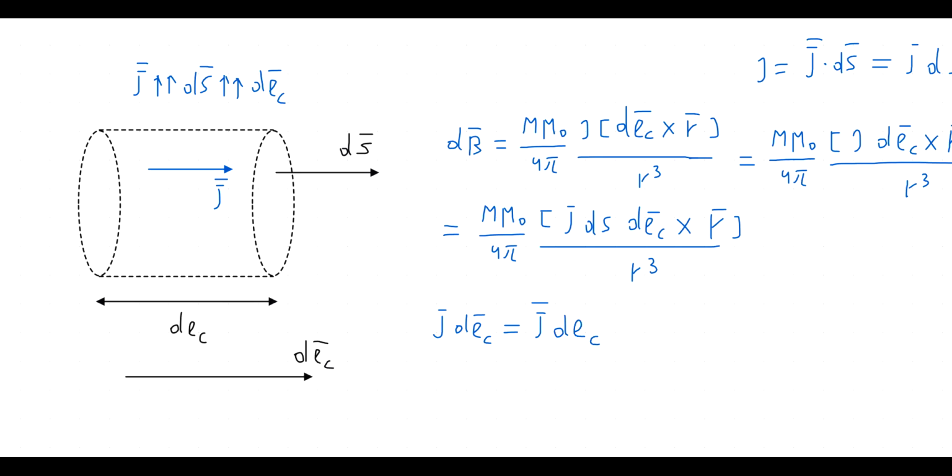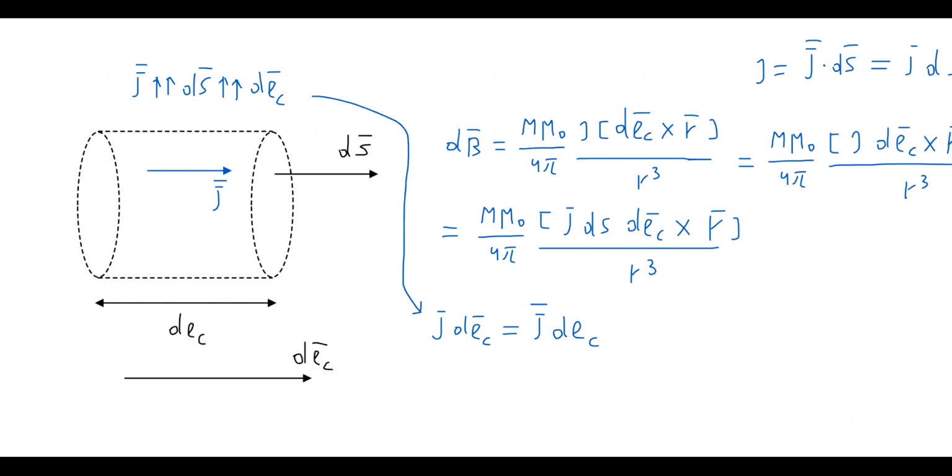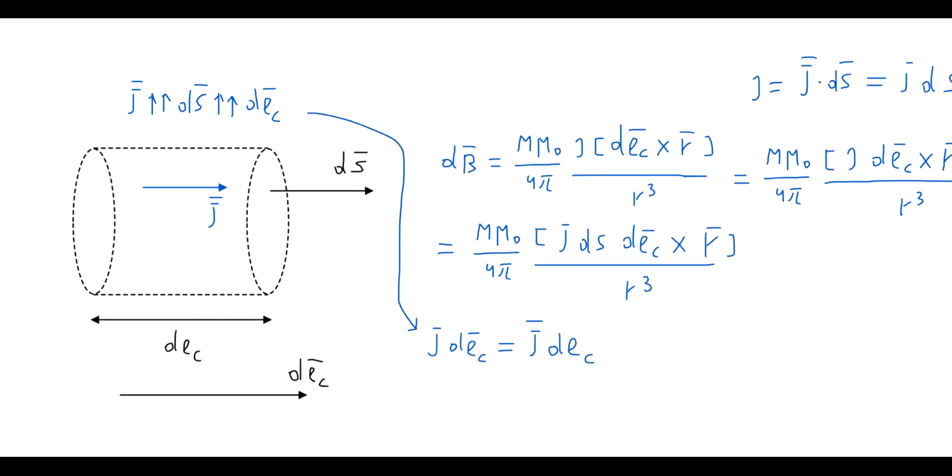This is the result of the same direction of vectors J and dlc.